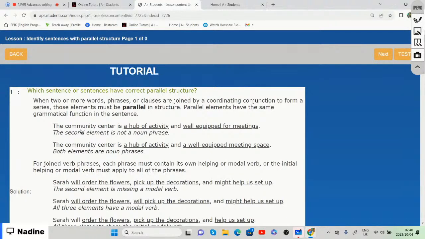So when two or more words or phrases or even clauses are joined by a coordinating conjunction to form a series, those elements must be parallel in structure. And parallel elements have the same grammatical functions within a sentence.